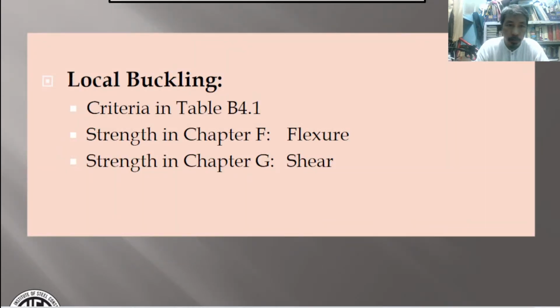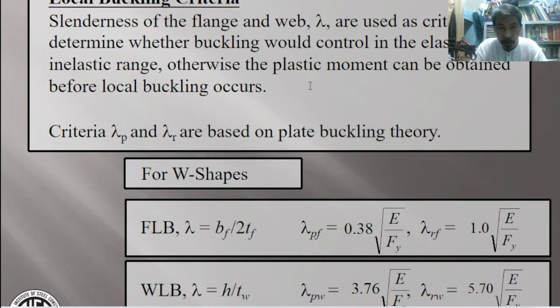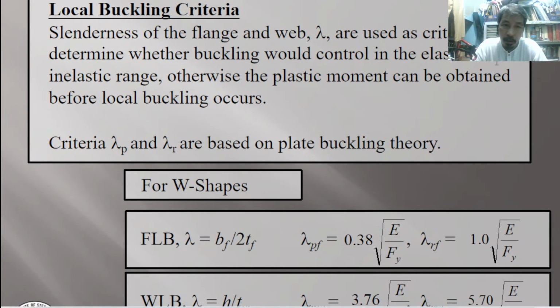Okay, local buckling. We have criteria in Table B for this one. We already know this table. Strength in Chapter F, which is flexure. Strength in Chapter G, which is shear.